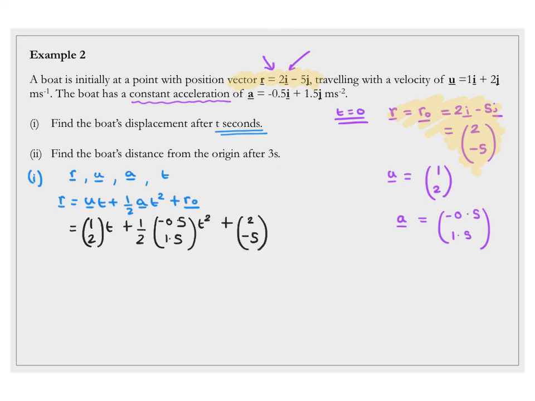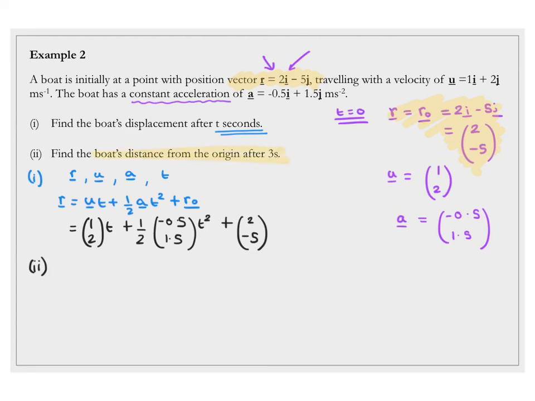Now, there's not a huge amount of simplification that we can actually do here. We could multiply the negative 0.5 and 1.5 by half to simplify them a little bit, but it won't simplify them significantly.